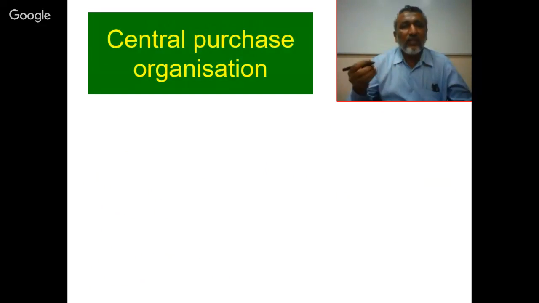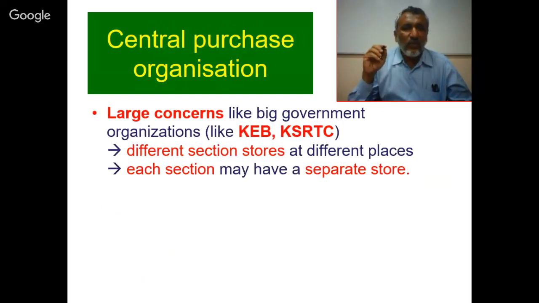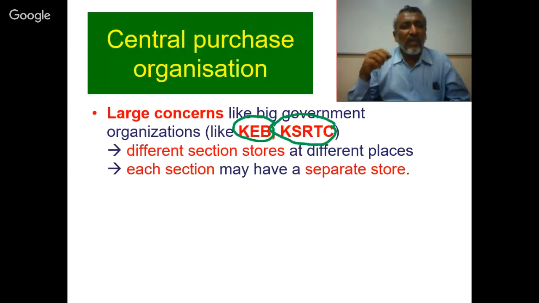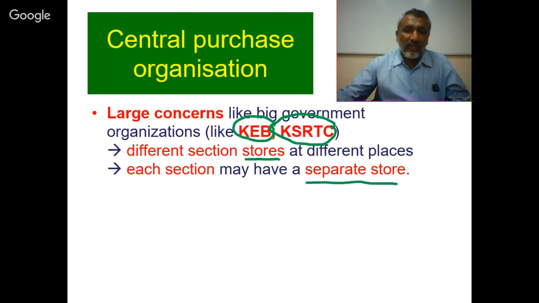Let us come to another method of purchase, what is known as central purchase organization. Consider big concerns like KEB or KSRTC. These organizations have different depots and sections in different places, and each section usually maintains its own separate stores.